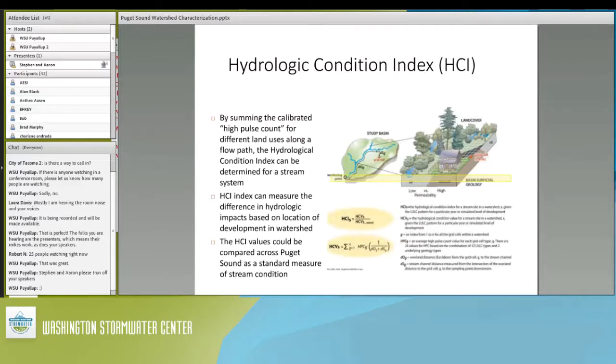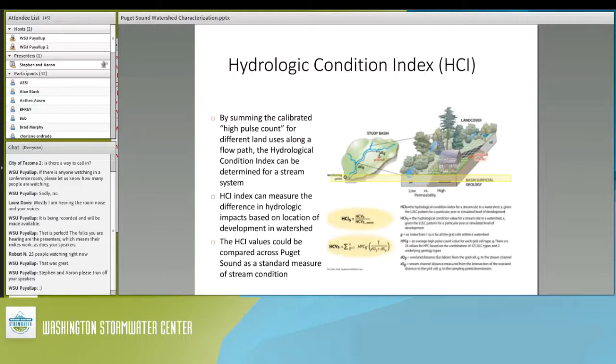So for instance, an area that is forested and on outwash, highly permeable, would have a very low high pulse count because water is infiltrating, as opposed to something that has pavement on it, which would have a very high pulse count. So you can add those up along a network and get a value which then is normalized for that watershed, and that becomes essentially the hydrologic condition index for that watershed.